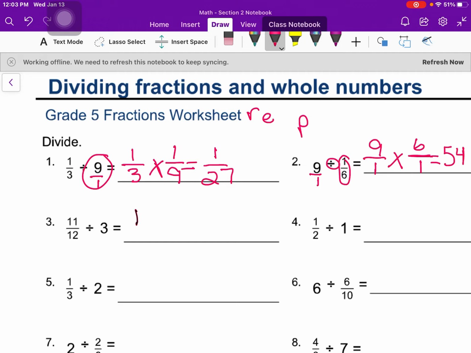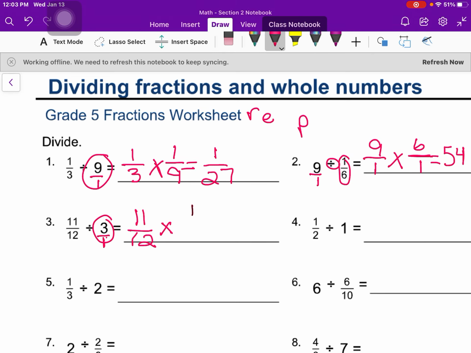Keep, change, flip. I'm going to keep 11/12. Change division to multiplication. And flip 3. Right now, 3 is 3/1.